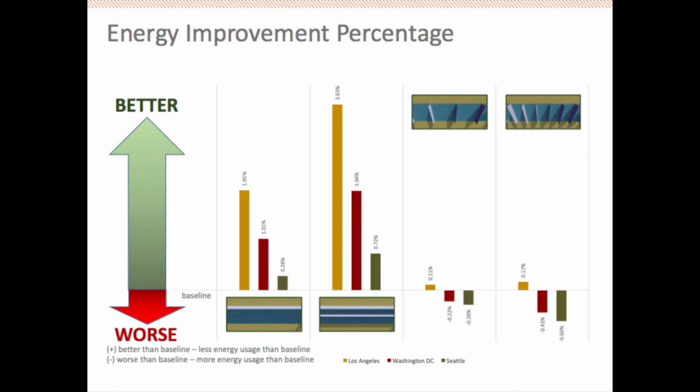You can see that putting in the horizontal shading device here, for example, will reduce the energy use by 1.95%, almost 2%. And the best one is probably in Los Angeles with the double horizontal shading device, where you save almost 3.63% in a really low energy building. It's pretty high.